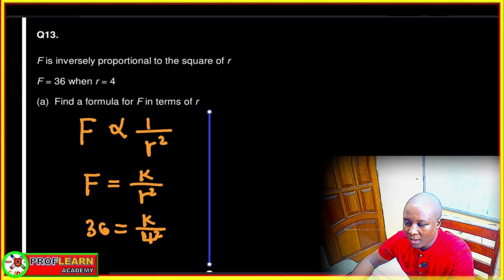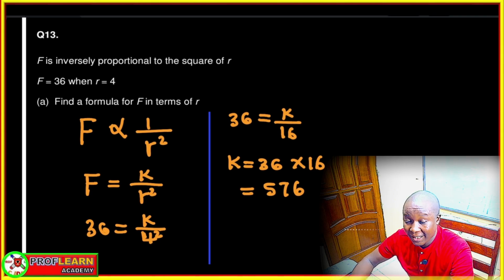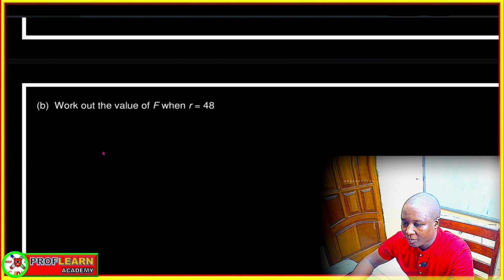Then we can get the value of k as 36 times 16, which gives us 576. That's the value of k. So we can rewrite the formula in terms of r, and our formula will be what?